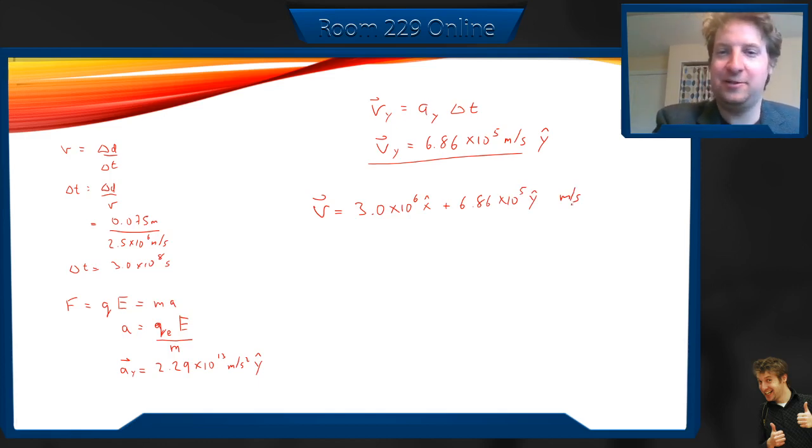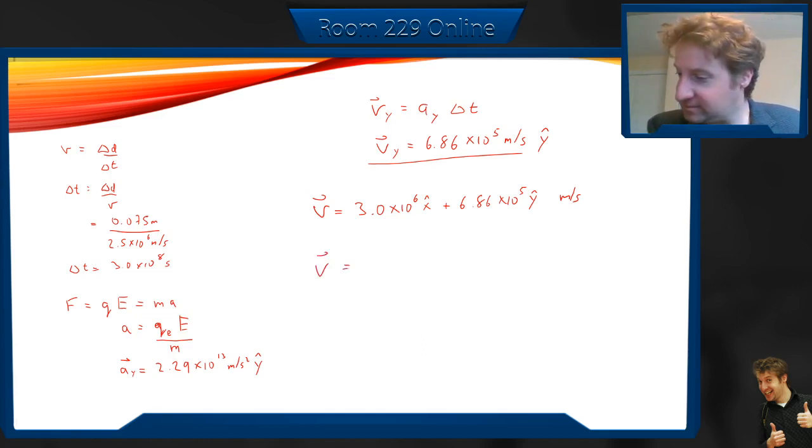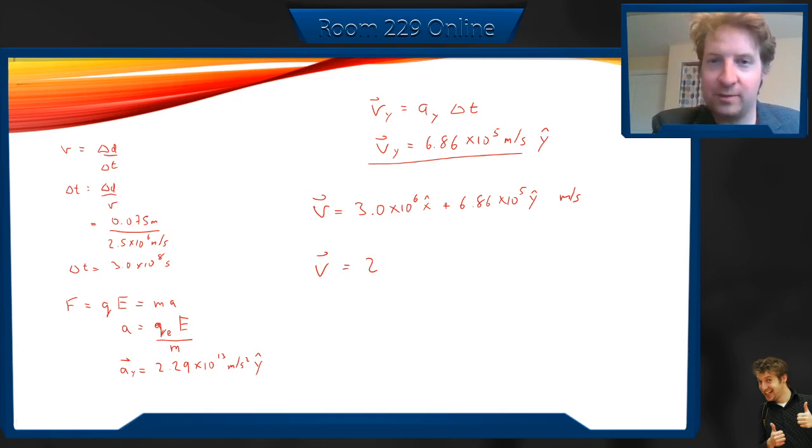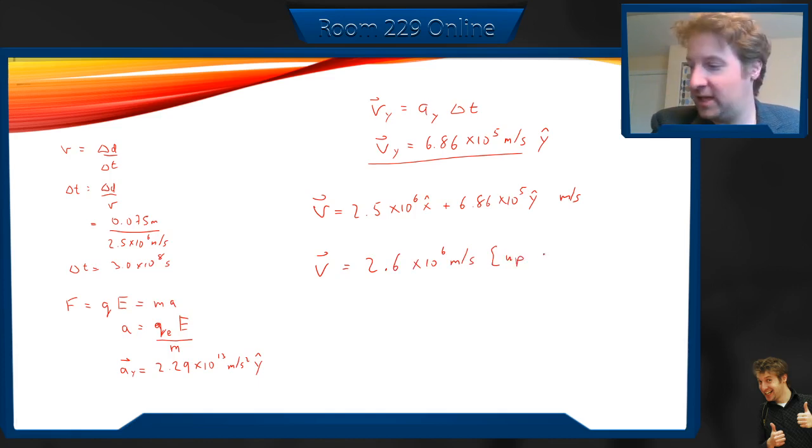If I use the Pythagorean theorem, square those, take the square root, I end up with basically 2.6. Oh, sorry, that wasn't 3. No, that was 2.5. Sorry, this is 2.5. So I end up with 2.6 times 10 to the 6 meters per second, and it's going to be up, and my degrees end up being 15.